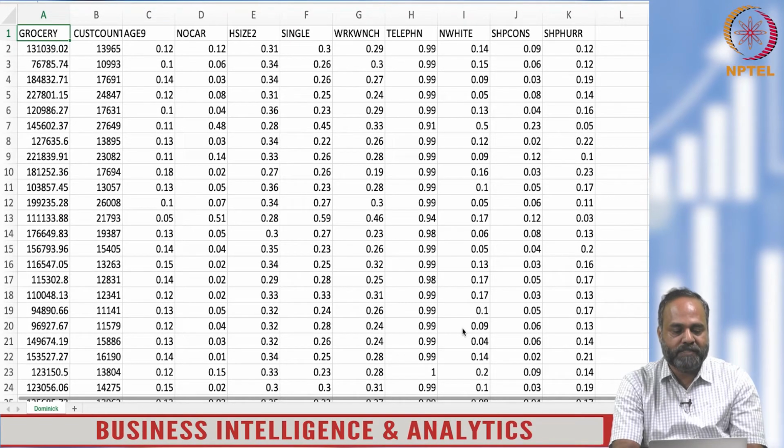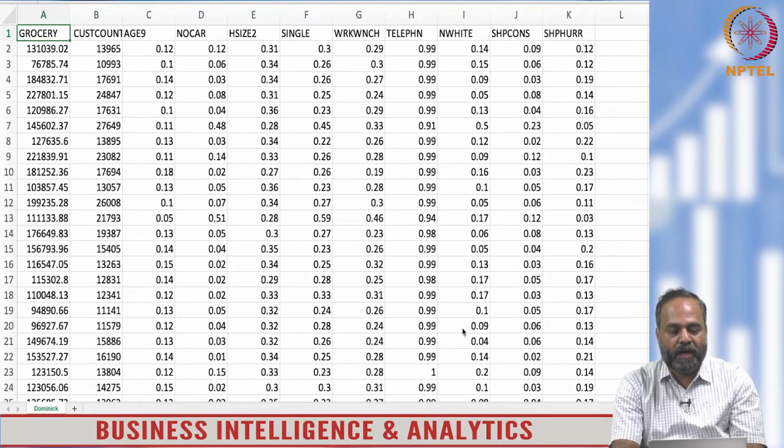There is grocery sales, which is the total sales of grocery, customer count. These are two things which are not shown in that case file. Then customers under the age of 9, no car, household of size 2, we discussed these variables.